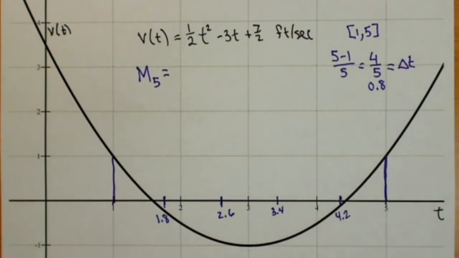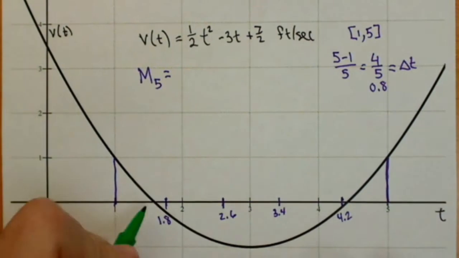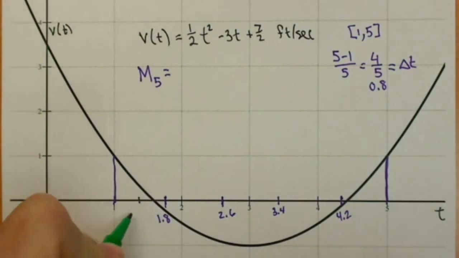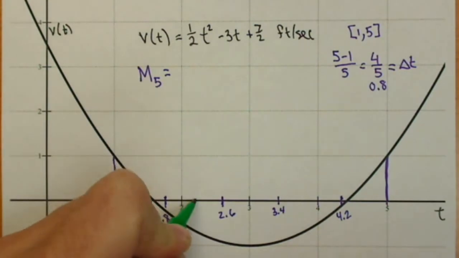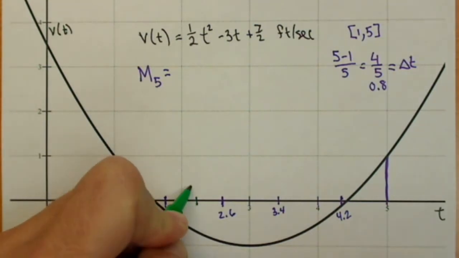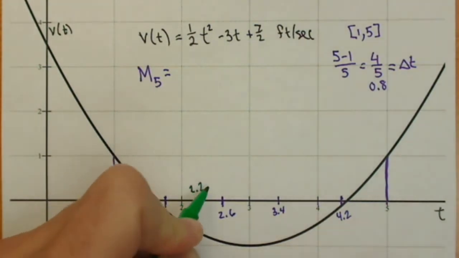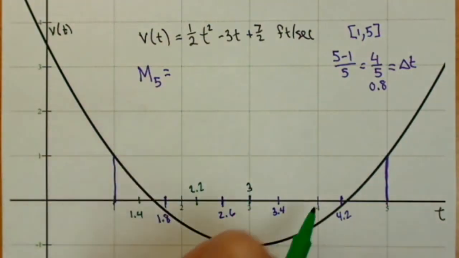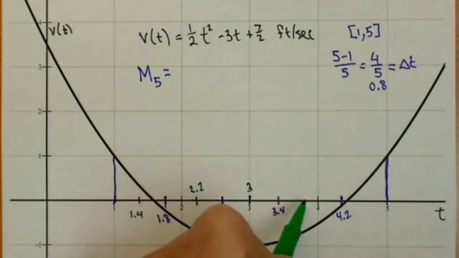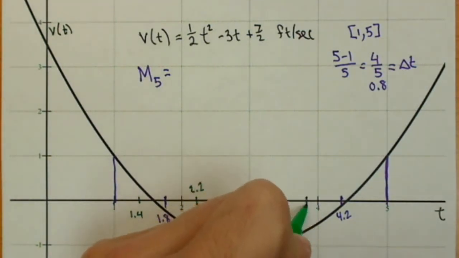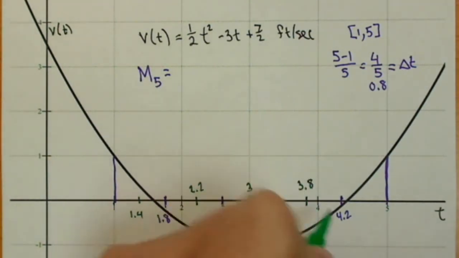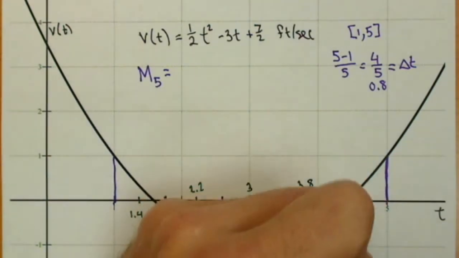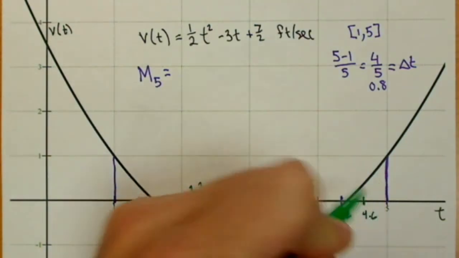Now, because we're going to do a midpoint rule, we need the midpoints of each of those intervals. So let's get those while we're doing this. The midpoint here is 1.4. The midpoint here is 2.2. The midpoint here is actually already given to us, it's 3. The midpoint here is 3.8, and the midpoint here is 4.6.